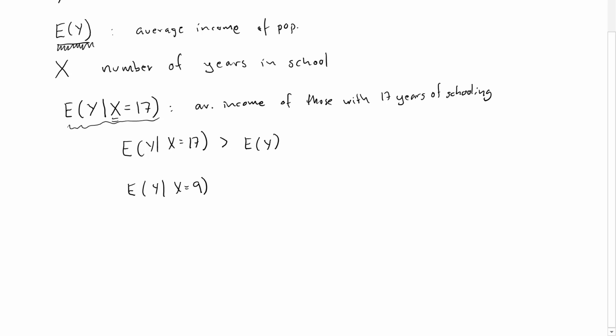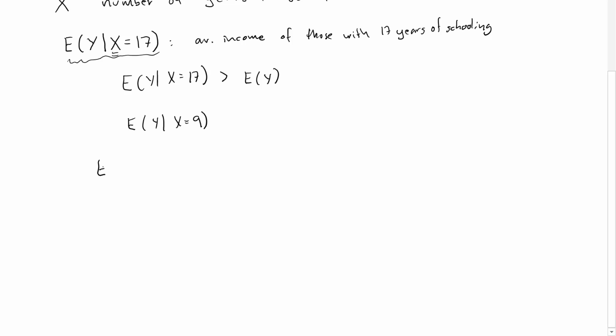Here's another example. Let's say now that y is the unemployment rate. Then the expected value of y and the expected value of unemployment rate, given that inflation is at a certain level, answer two different questions.